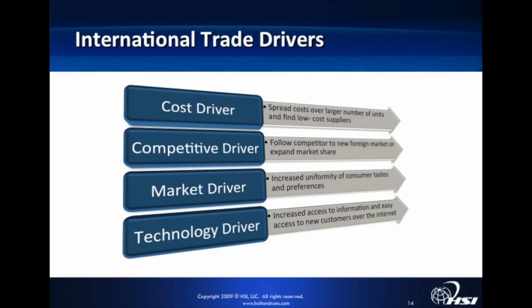And finally, let's look at technology drivers. Technology obviously has impacted its three predecessors. The World Wide Web, the internet, in and of itself, has changed international business. The diffusion of information is universal.